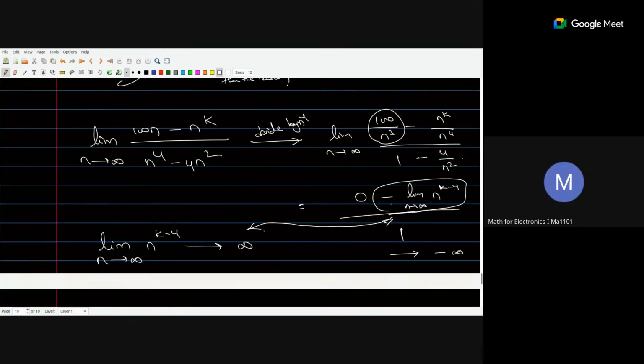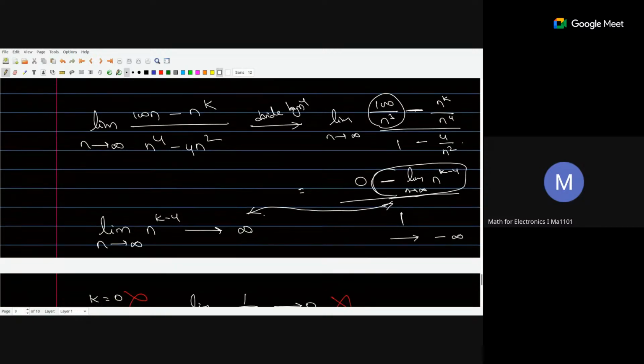I know, but there is a minus in front, right? If n power k minus 4 goes to infinity, then minus of this will go to minus infinity, since putting a minus in front of numbers going to plus infinity sends them to minus infinity.